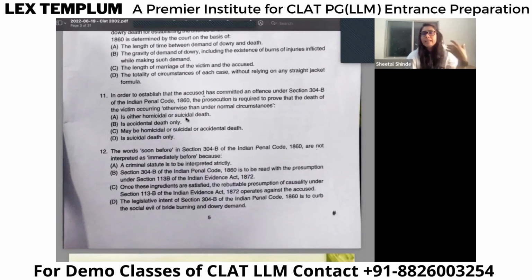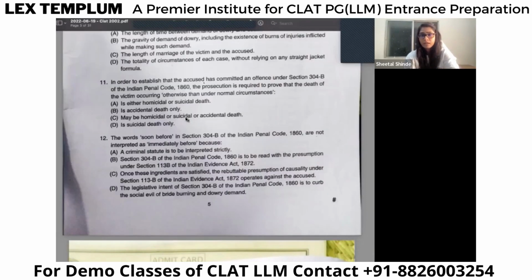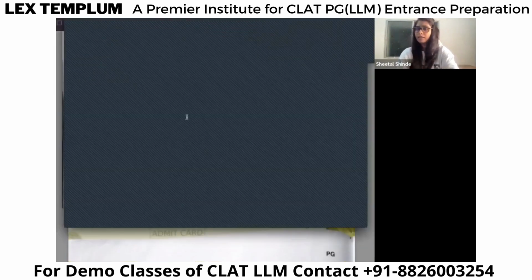Then comes your 11th question, and for that the answer is C: maybe homicidal or suicidal or accidental death. Again, this has been discussed in the Satvir Singh case, which is a landmark case on section 304B, and again in Gurmeet, where it has been referred to. Now, 12 is a tricky one, but it's an easy one.